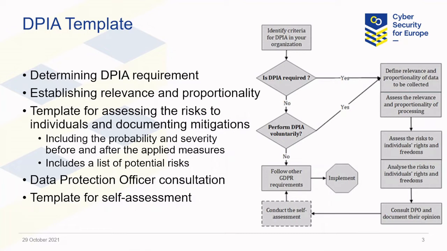This includes predefined levels of compliance and an extensive pre-prepared list of potential risks. The asset also contains advice on consultations with the data protection officer and a template to perform an optional self-assessment step that helps users make sure they have covered all of the GDPR requirements.